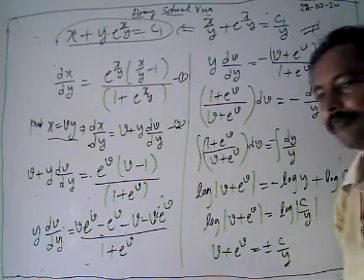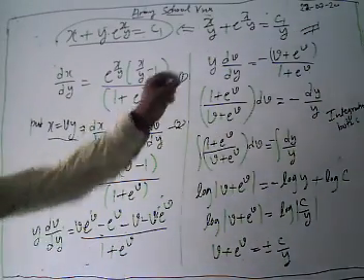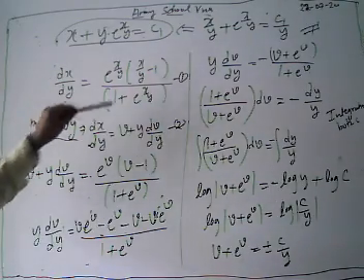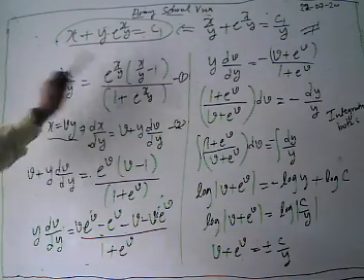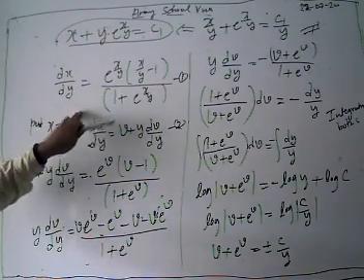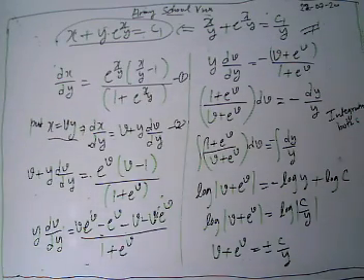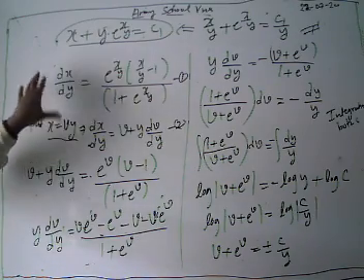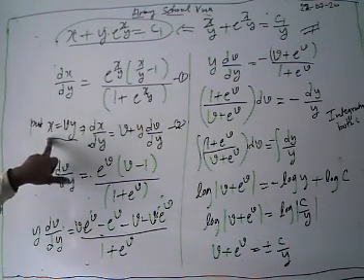Just look, I'm going to revise this problem again. What we have discussed till now: we take a problem which is in the format of dx by dy. It is given dx by dy equal to e to power x by y into (x by y minus 1) upon (1 plus e to power x by y). Then it is a form of dx by dy, so we put x equal to vy.